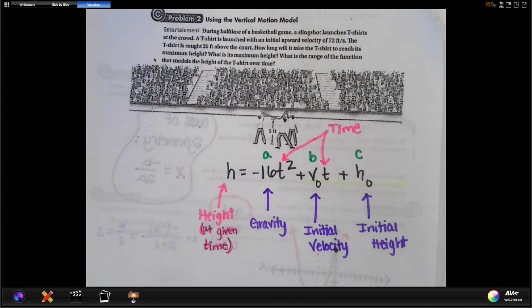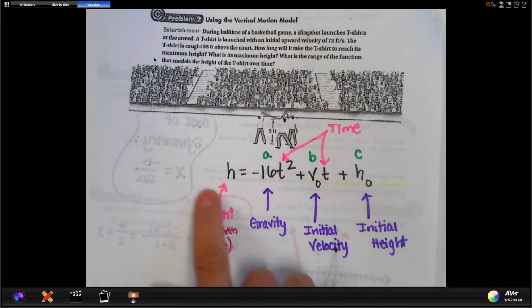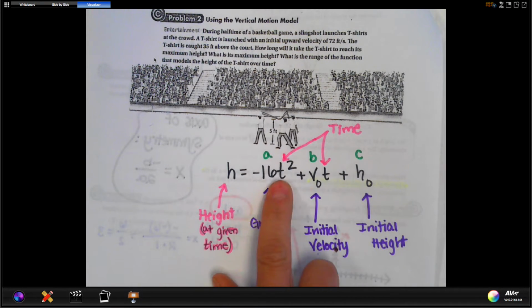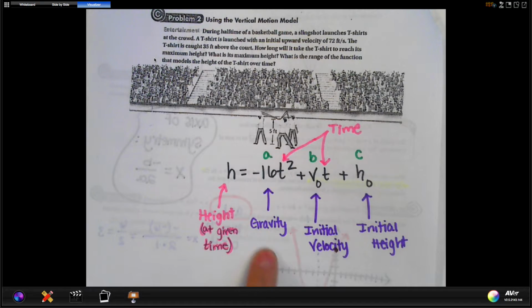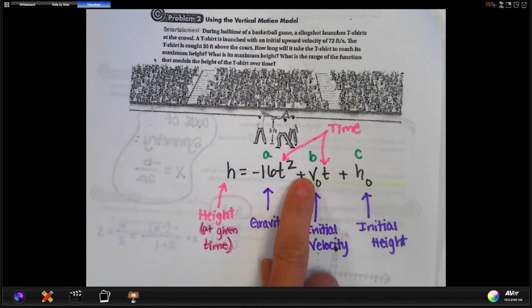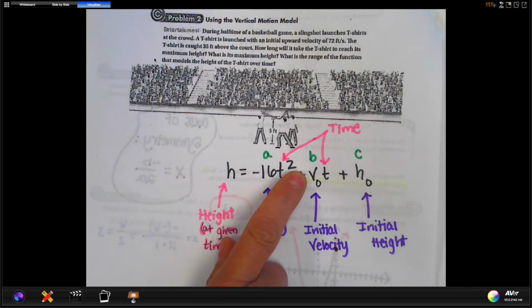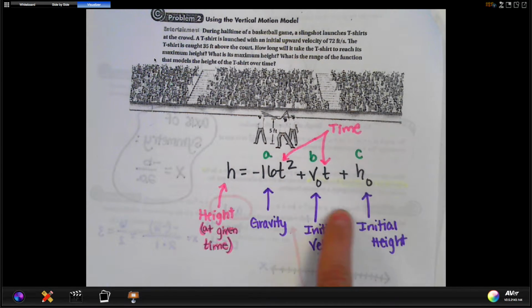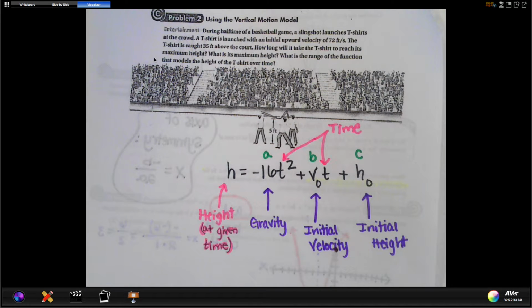And the formula is this general formula right here. H, the height, which is at any given time, okay, is given by negative 16t squared, and this is accounting for Earth's gravity, plus, and this is v of 0. This v of 0 is accounting for the initial velocity, right?